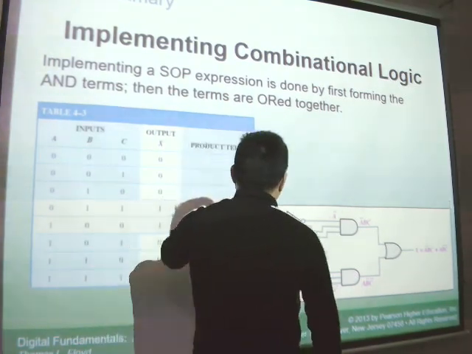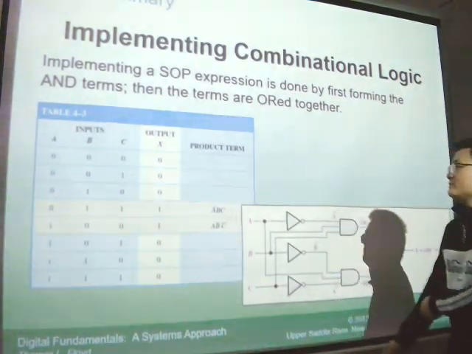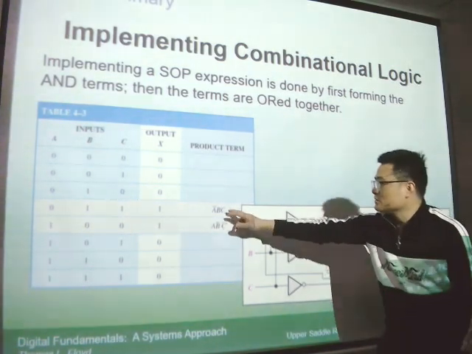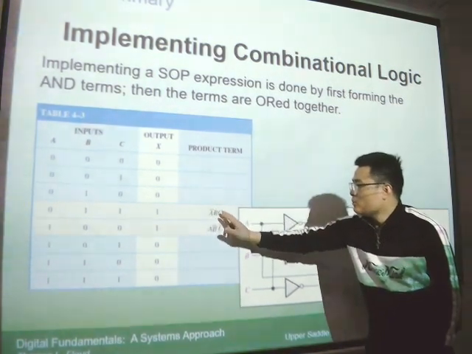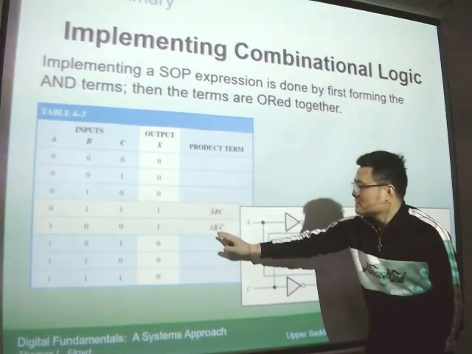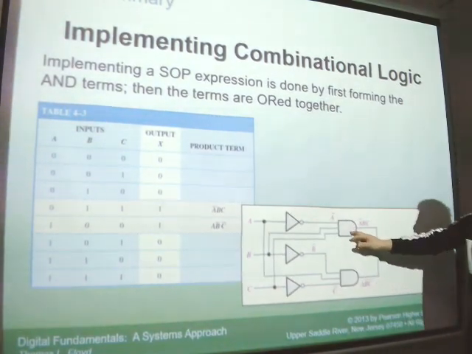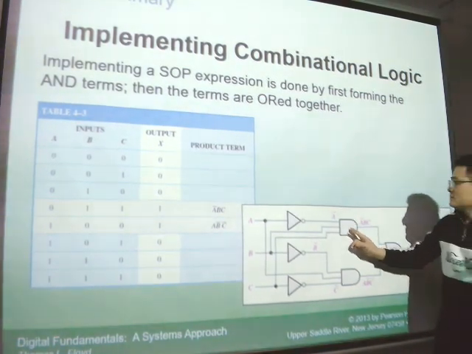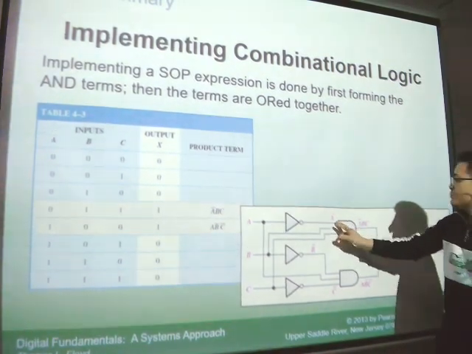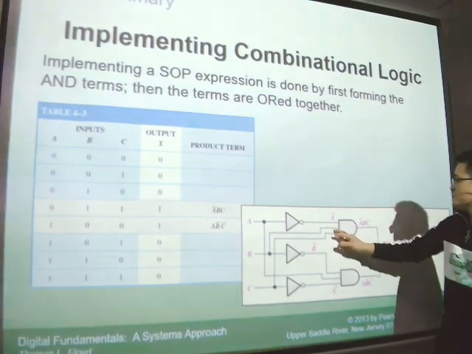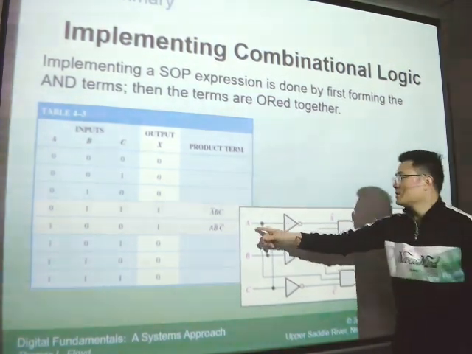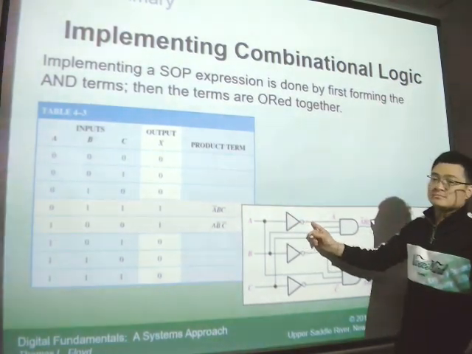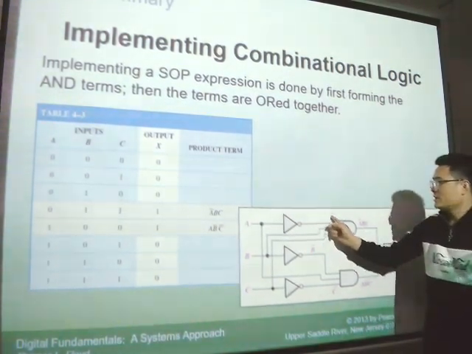So we must first form the AND terms. One AND gate, second AND gate. For the first AND gate, the input is A bar B C, so A must be inverted by an inverter, and the output is A bar.